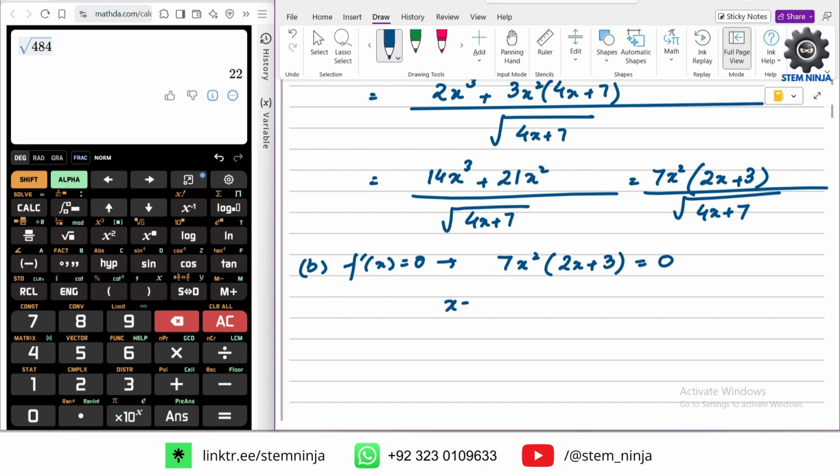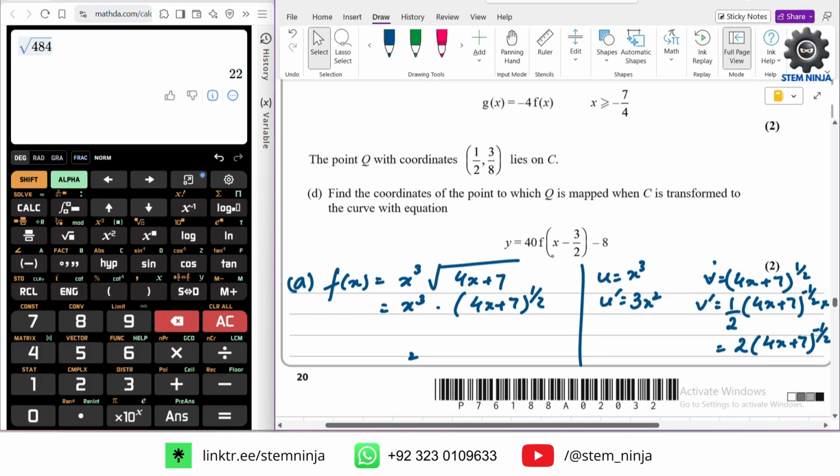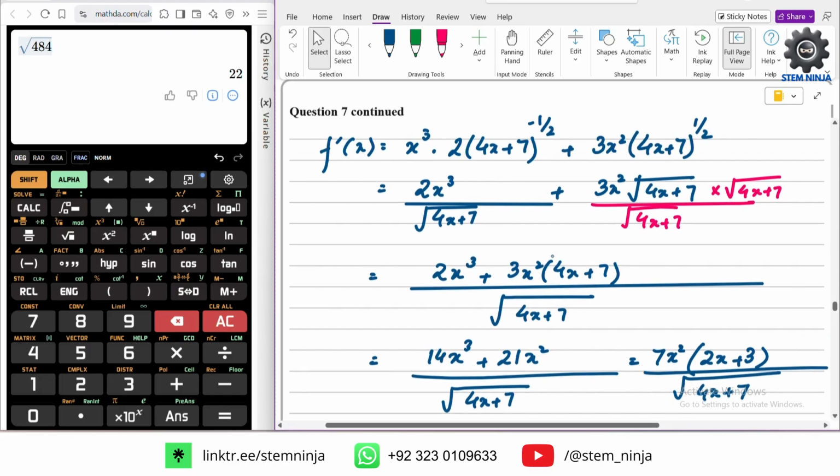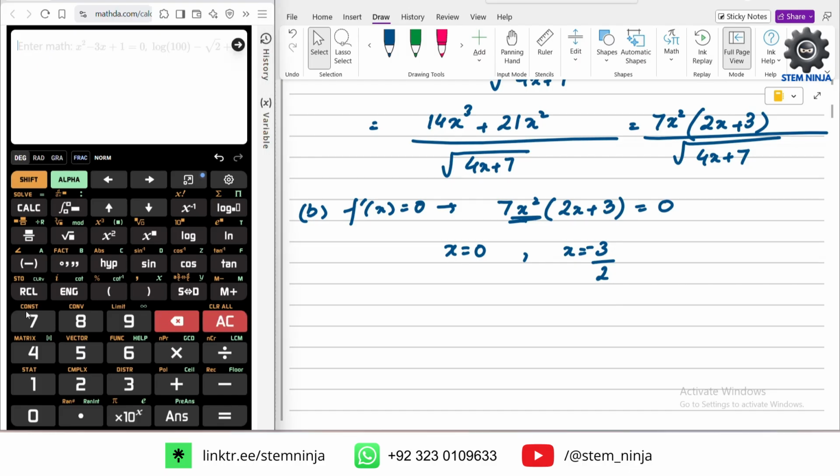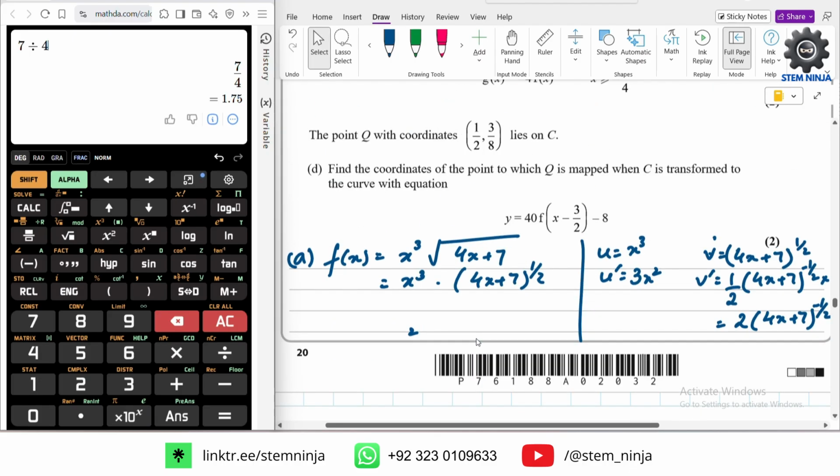So either x is 0 from this, or x is minus 3 over 2. So x is not 0, obviously, and this would be minus 3 over 2. But we do need to check whether, right, yeah, so basically minus 1.5, yeah, that would be available.